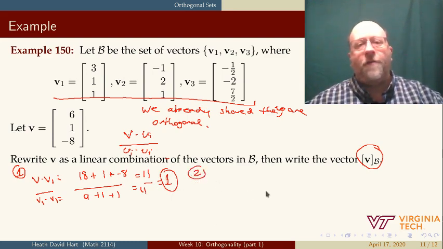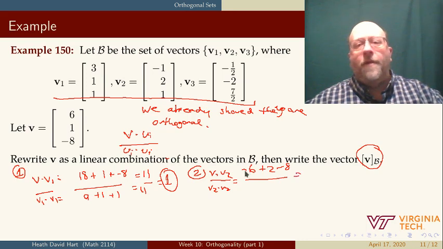So let's look at our second coordinate. V dot v2 and v2 dot v2. V dot v2 will be 6 times negative 1 is negative 6. 1 times 2 is 2. Negative 8 times 1 is negative 8.